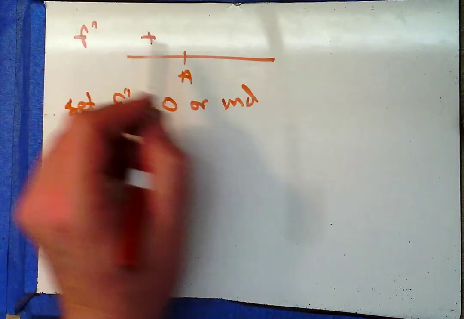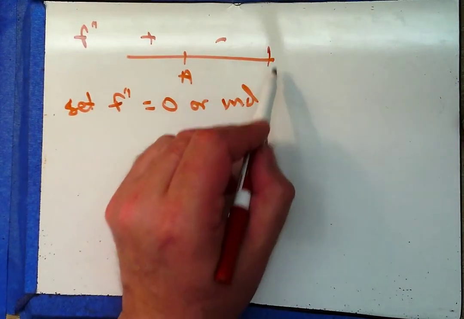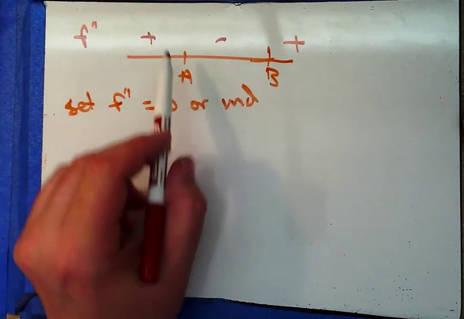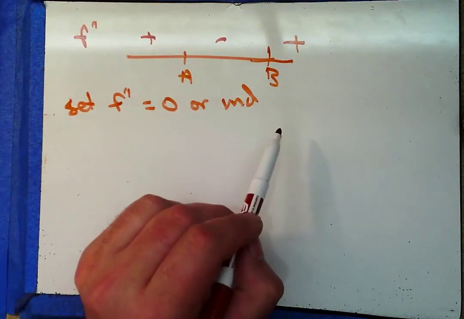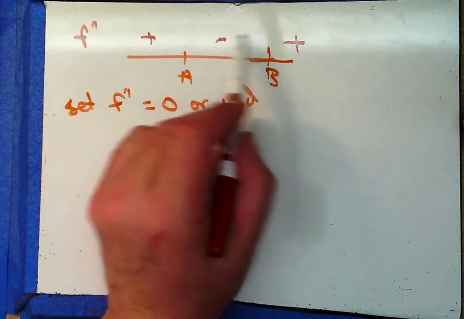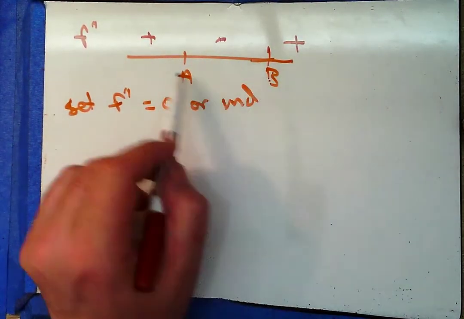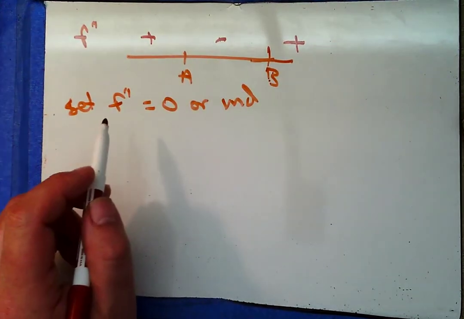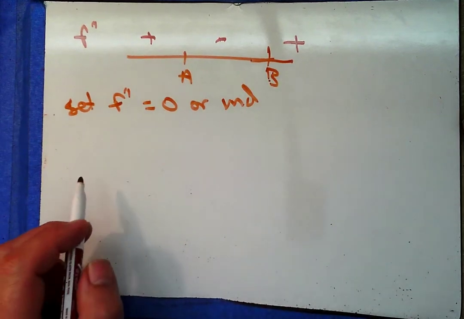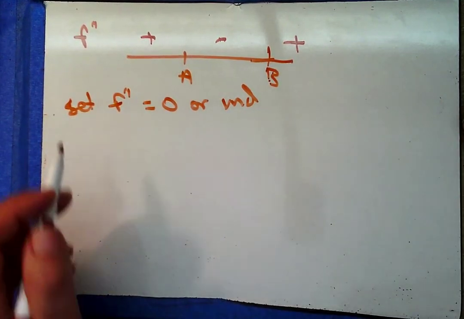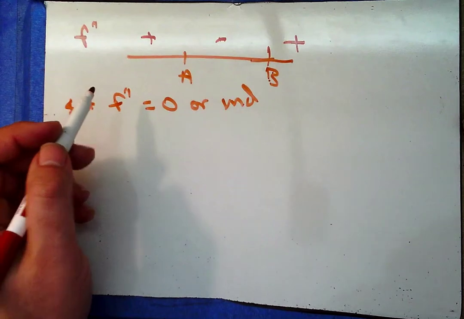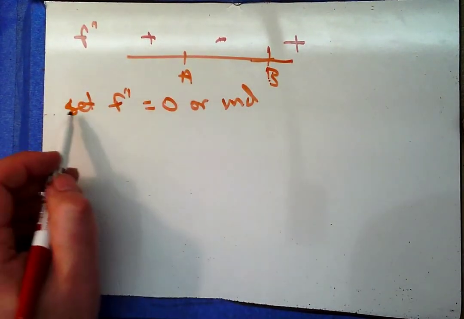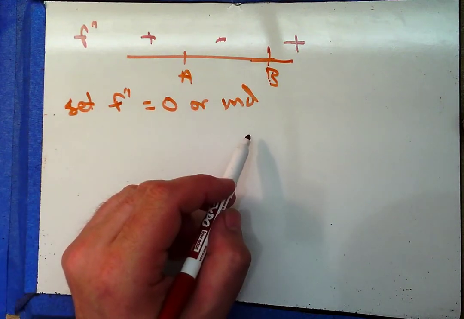And then we test on either side, and we find, lo and behold, a sign change on f double prime at these points. And so we know that something is important happening on f at these points. We also know about f prime at these points. So let's say some of the things we know when we see this sign chart that we made by setting f double prime equal to 0 or undefined.